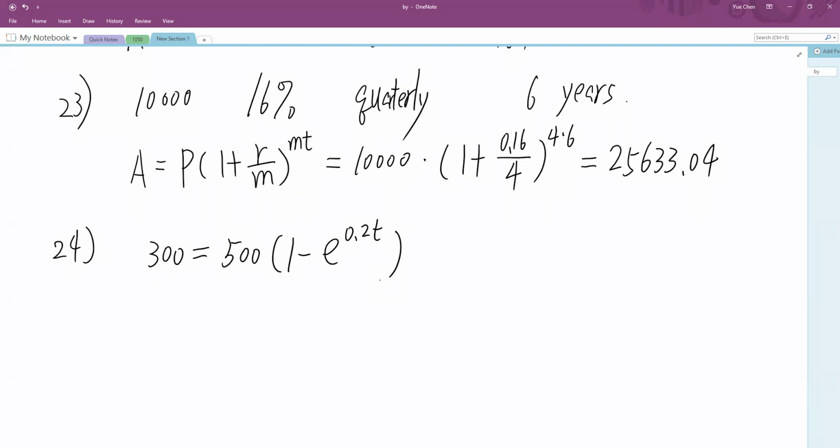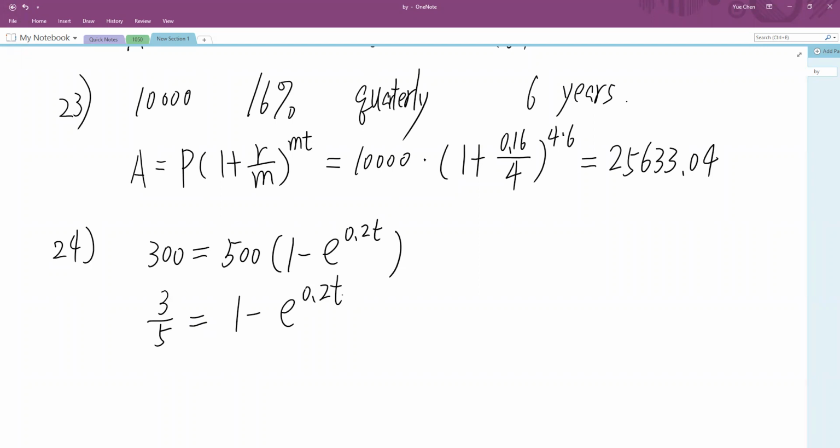Find the t. The first step, divide by 500 on both sides. So 300 divided by 500 is 3 over 5, equal to 1 minus e to the negative 0.2t. At this stage, can you take the natural log?